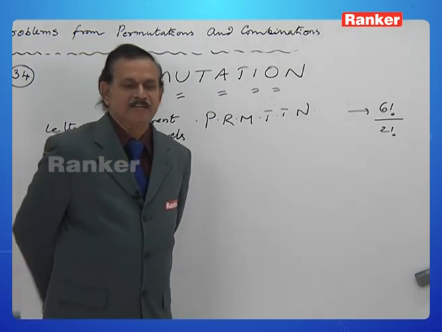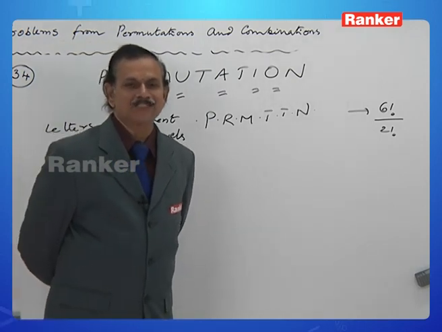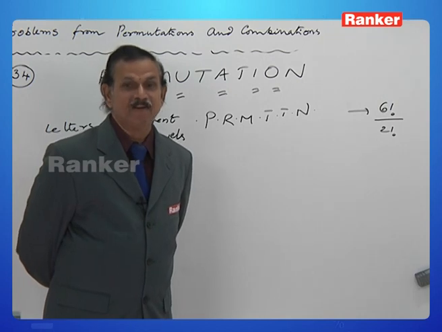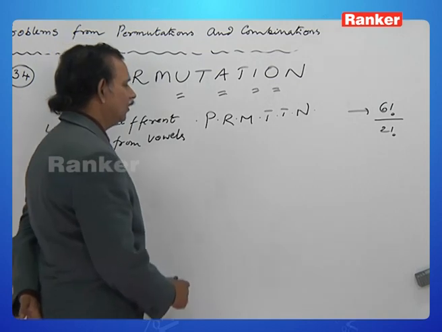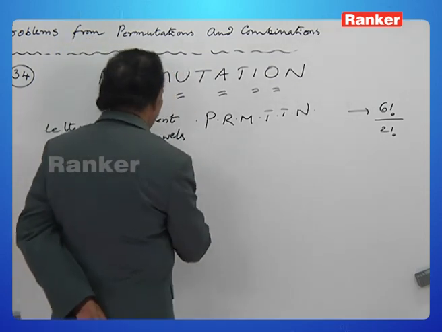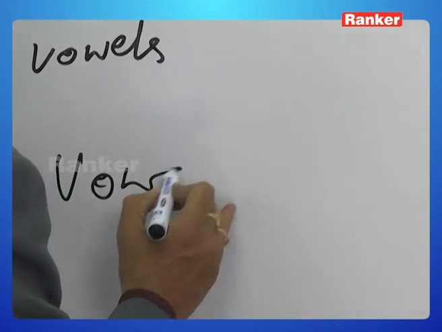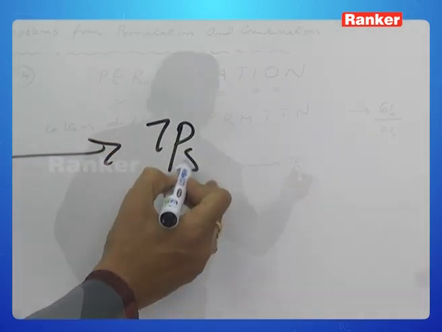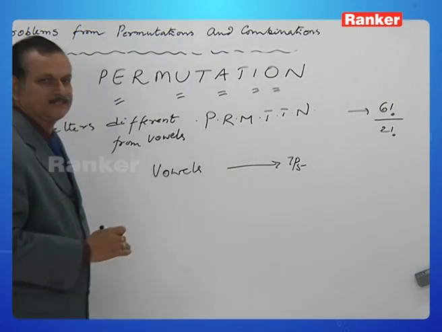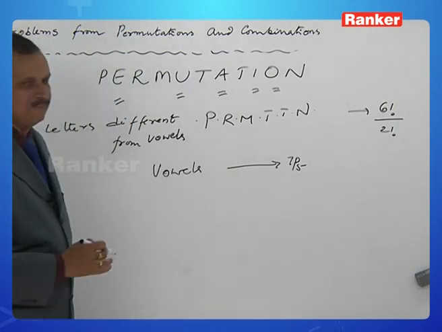Out of these 7 gaps, how many vowels are to be present here? 5 vowels are to be arranged. 7 possible places are there and 5 vowels are there.